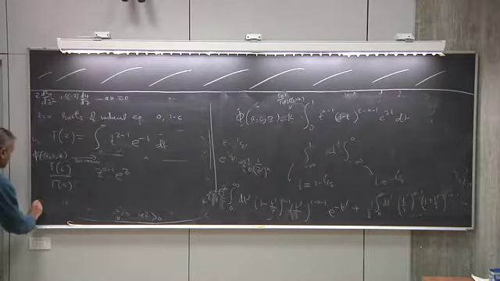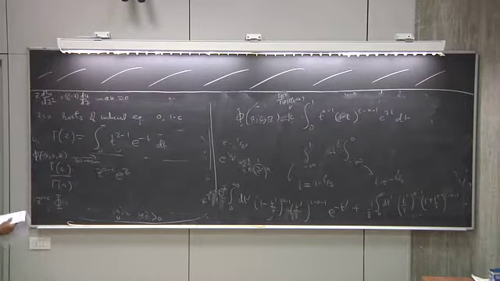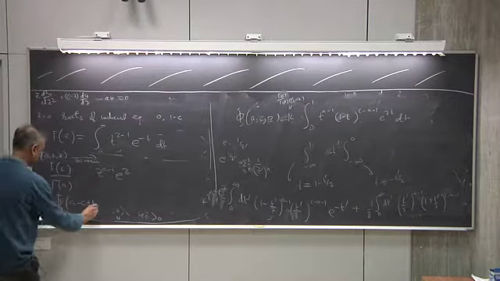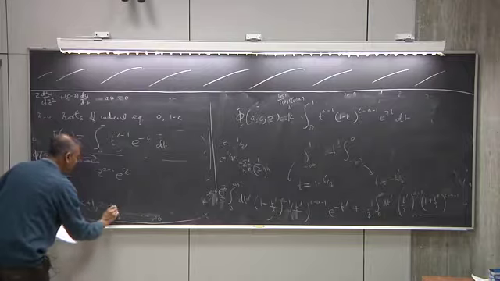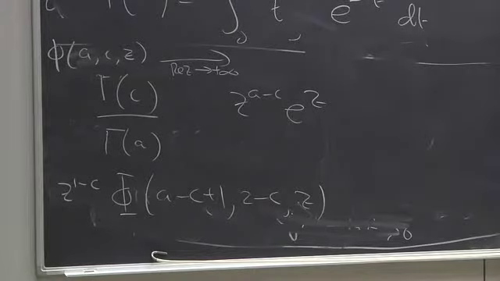The second solution was z to the 1 minus c times phi. We just did that after making several mistakes. What was that? Yeah, a minus c plus 1, 2 minus c, z. Let us see how this will grow exponentially, the exponential term.